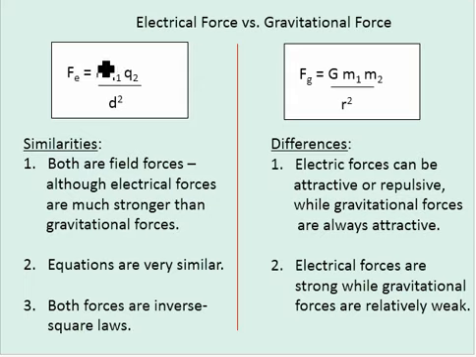And that's sort of obvious by the difference between their constants, those fudge factors that give us an idea about how strong the force is going to be. K is on the order of 10 to the 9th, whereas G is on the order of 10 to the minus 11th. G is a very small number. K is a very big number. Electrical force is a very big force. Gravitational force, a very small force. So there are some differences and some similarities between the two.